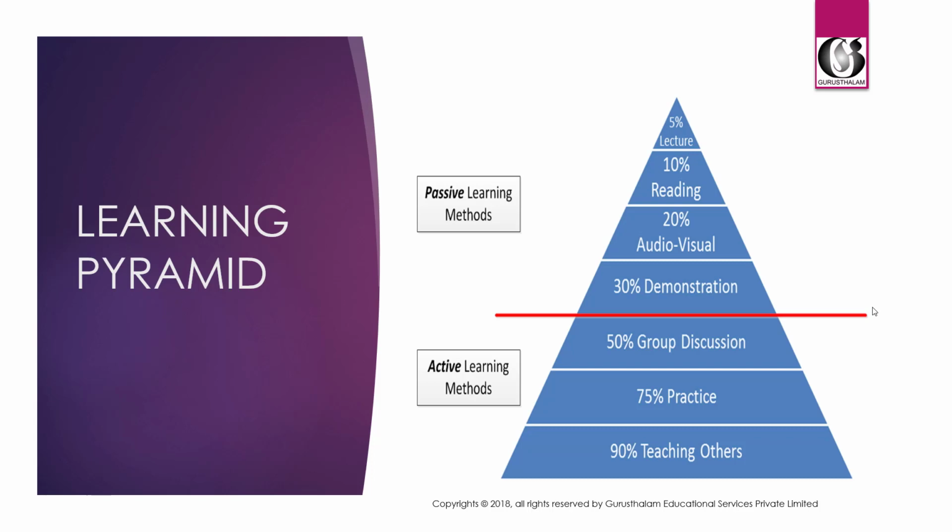Reading is next in the list, where you use a self study guide to understand everything. Audiovisual could be a pre-recorded video of an instructor explaining things to you. A good example is my CCNA lectures, YouTube videos, and so on.